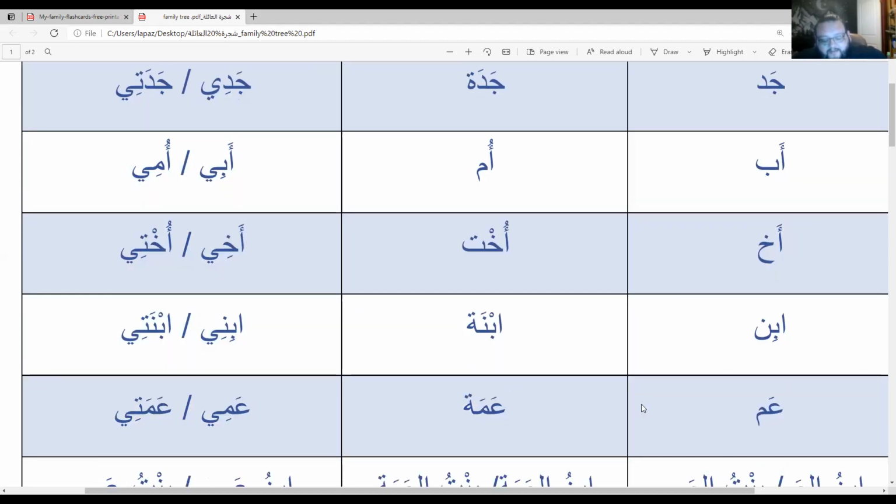Now ابن وابنة. ابن, just add the ya at the end. But ibn could be like you asking me for the word of cousin. No, in this case, it's when we use ibn by itself. So it's only son.